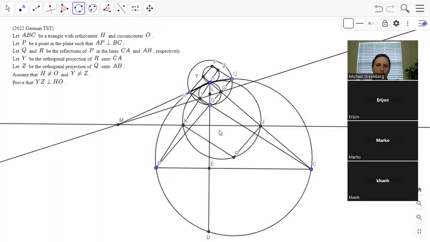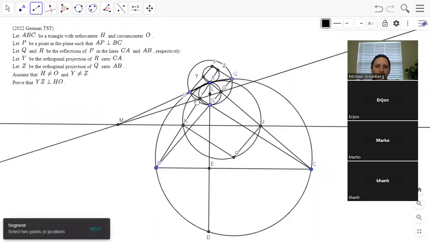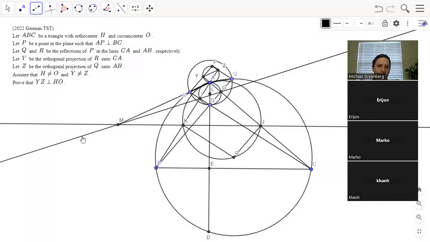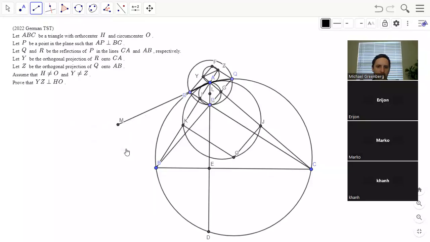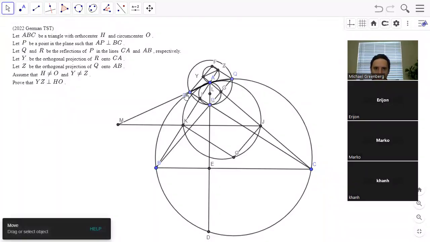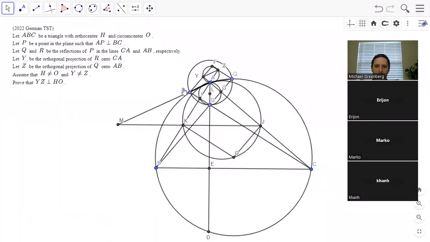So then we want to show that AM is parallel to YZ. I kind of like that. Maybe we could do that with a homothety at A or something like that.